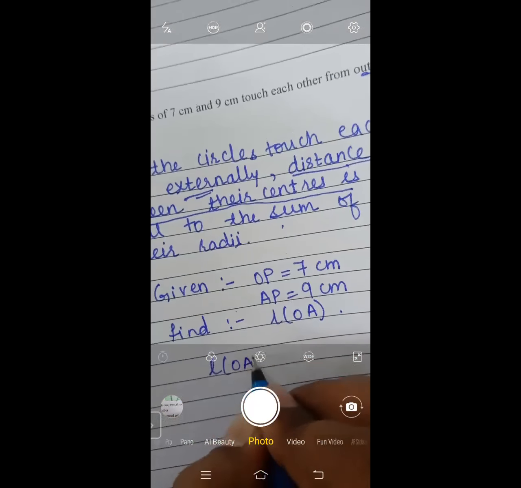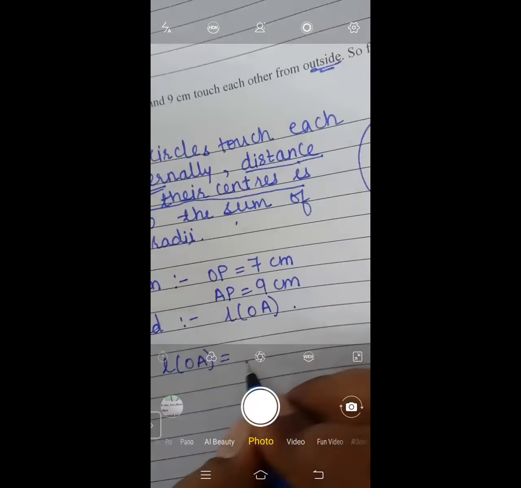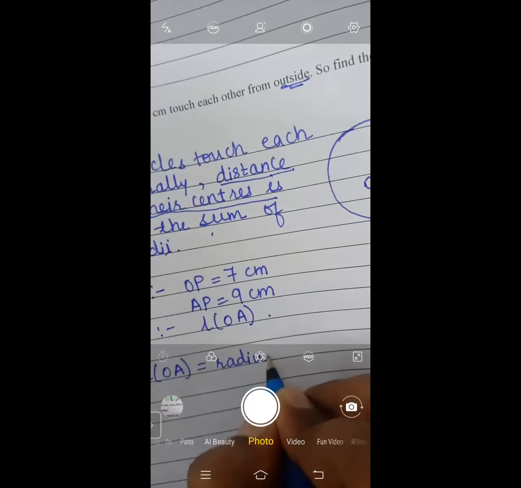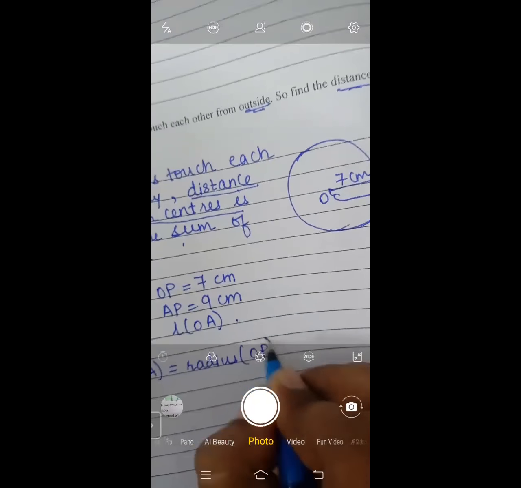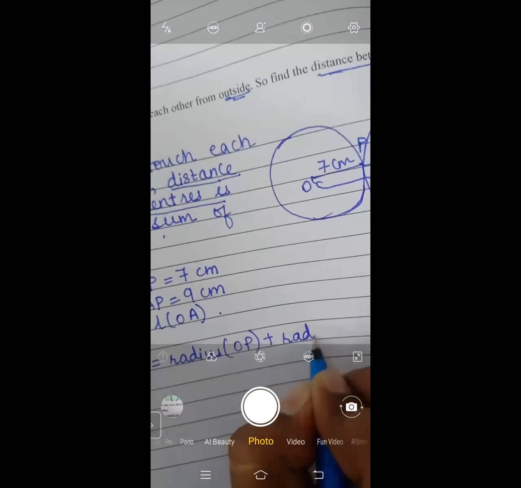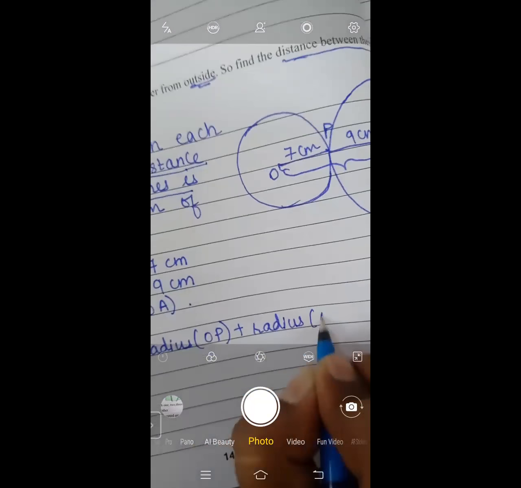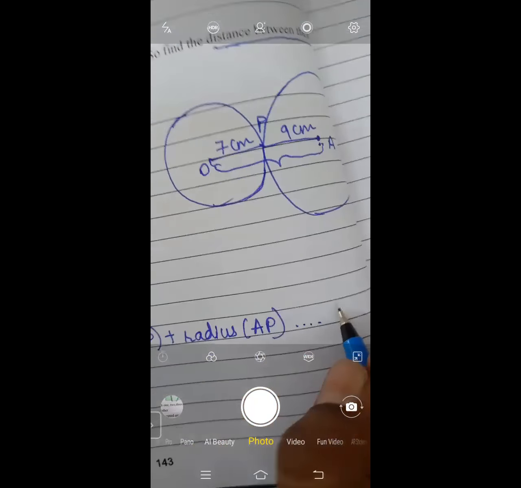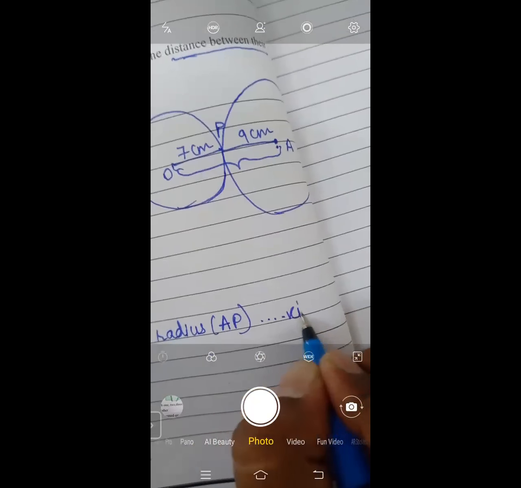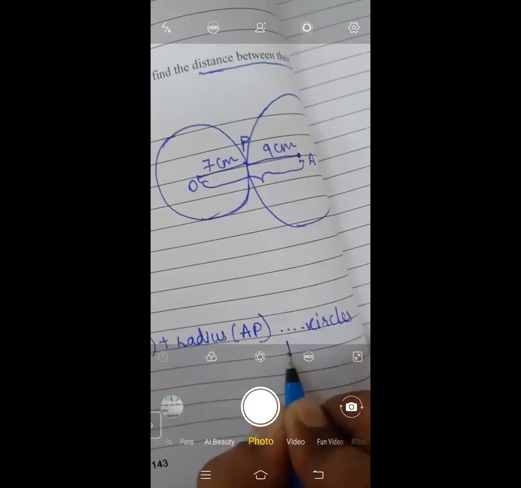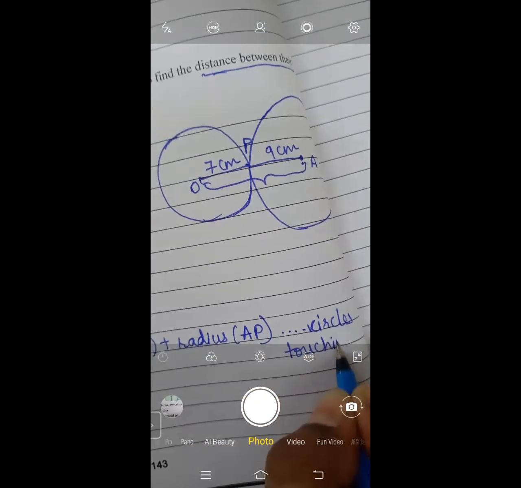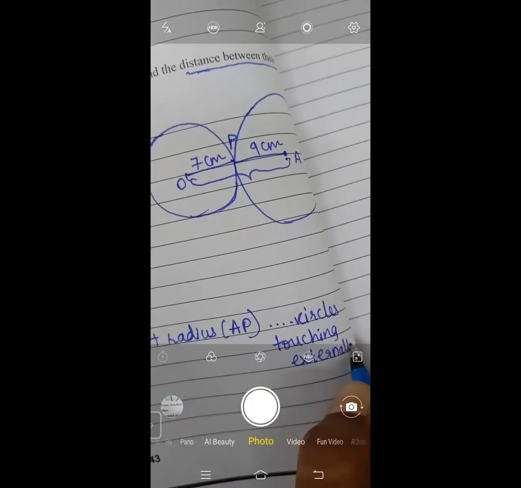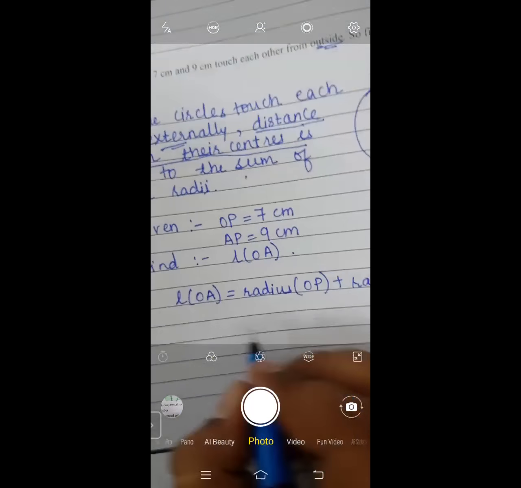Length of OA is equal to radius OP plus radius AP, and the reason for this is circles touching externally. As they are touching externally, I can just add the two radii.